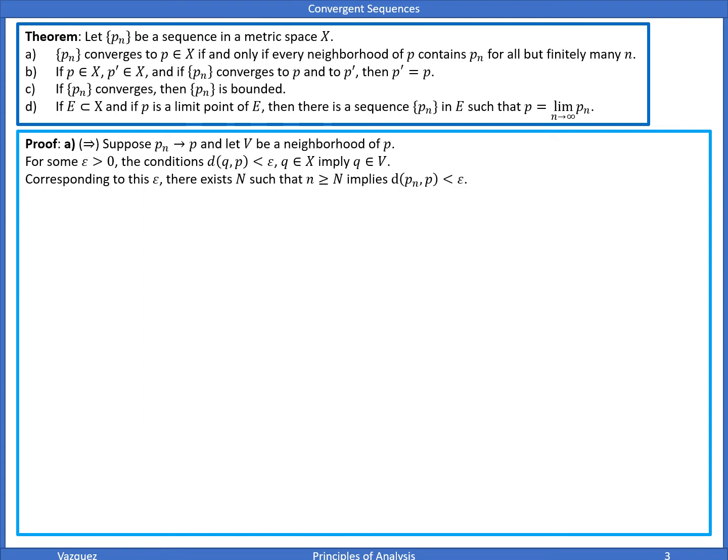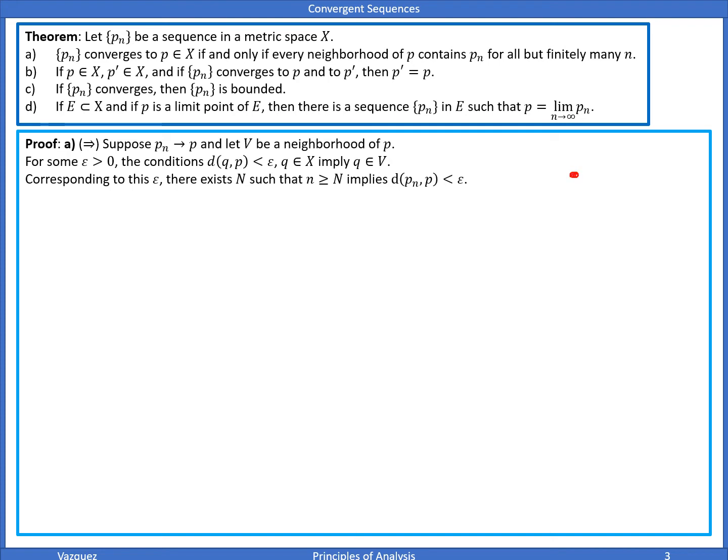Well, corresponding to this epsilon, there exists an N such that little n greater than or equal to big N implies that the distance between P sub n and P is less than epsilon. Right, so for any epsilon, the points after, let me draw this actually.